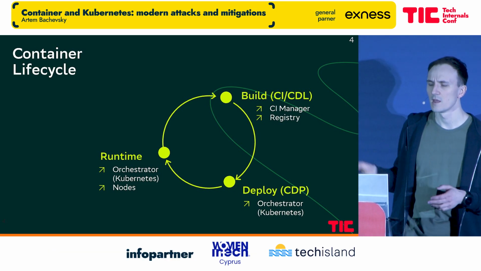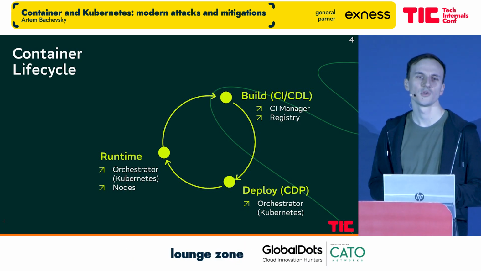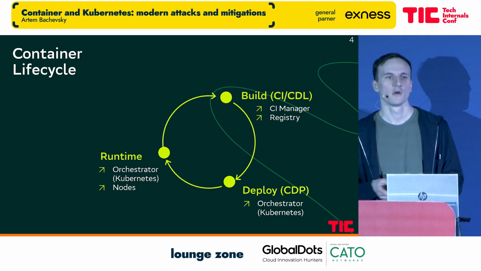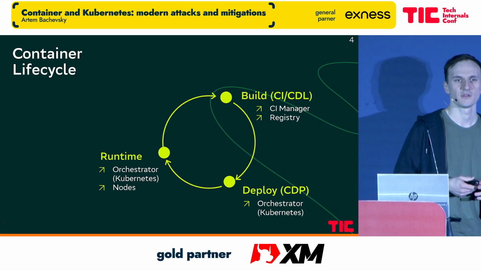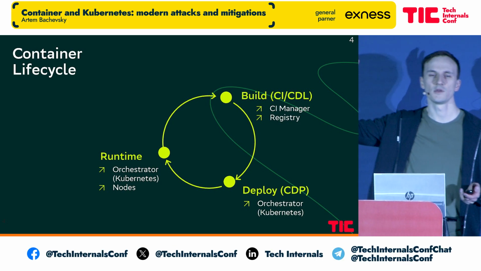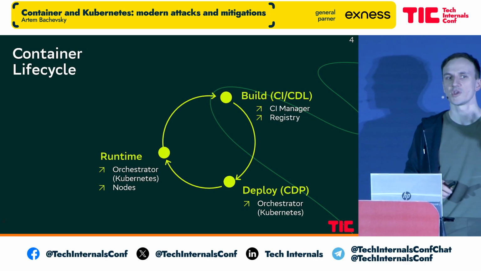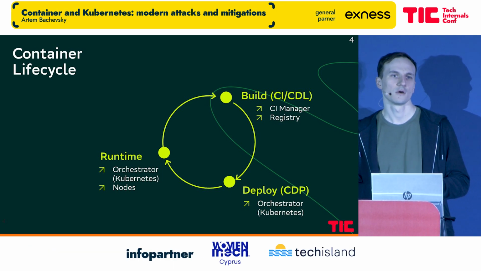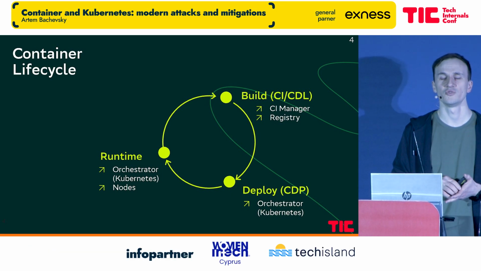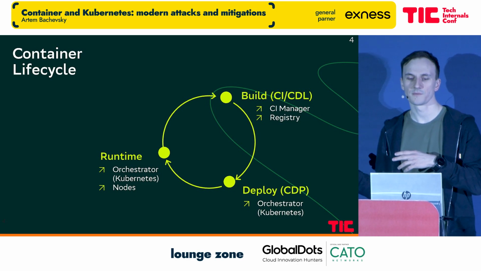What you could do here is implement some checks and scans, for example, software composition analysis. Then it goes to the registry, and you could do some continuous checks there, and monitor vulnerabilities inside your images.